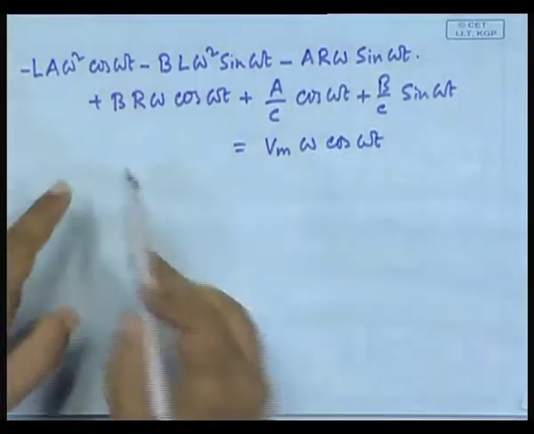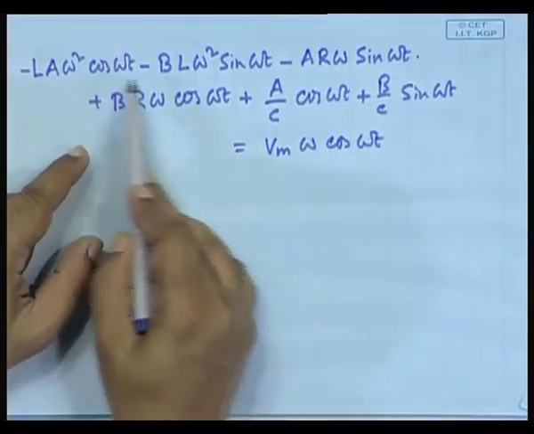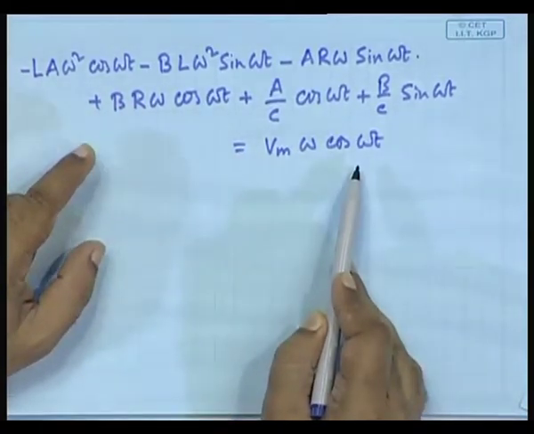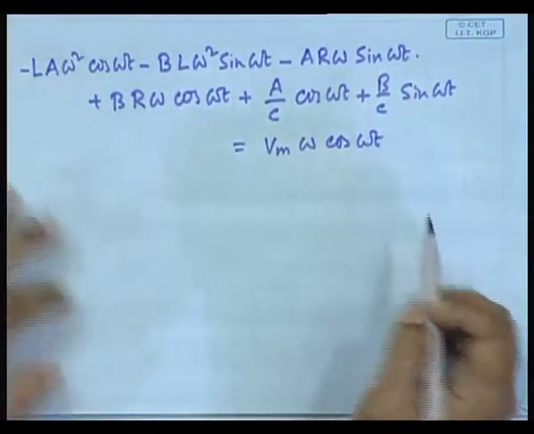What was the next step? This will hold true if the coefficients of the cosine terms are 0 and the coefficient of the sine terms are also 0.